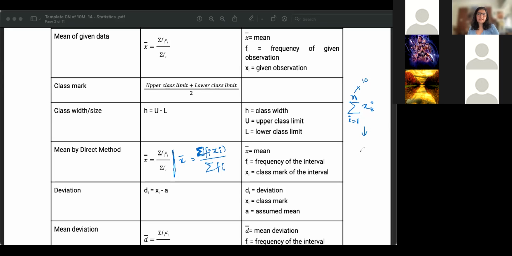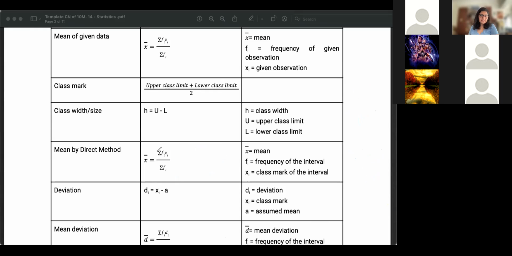So it means you're summing all the x ranging from x1, x2, x3, x4, and so on all the way till x10, or if it's any random number n, till xn. That's what the symbol represents.